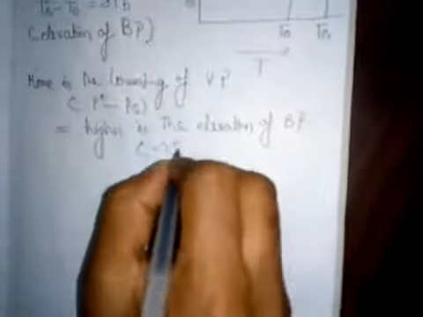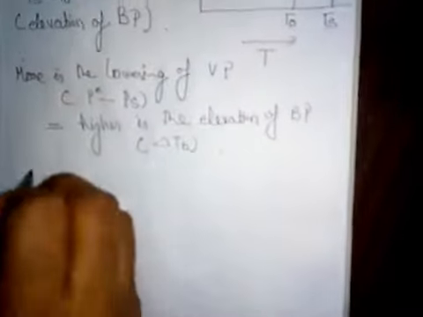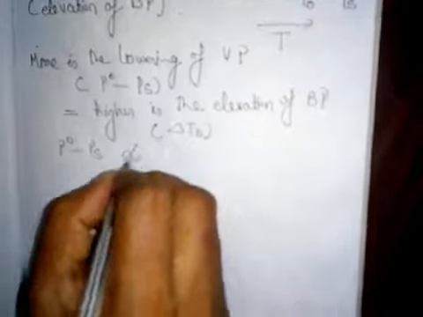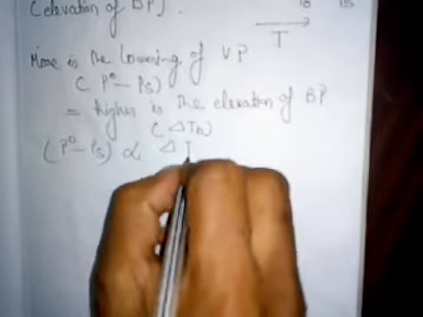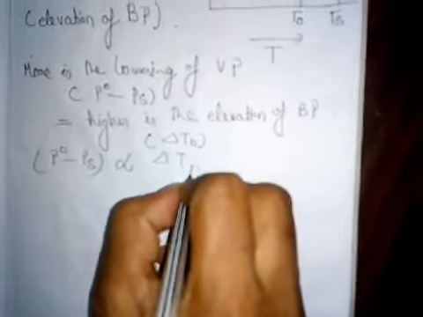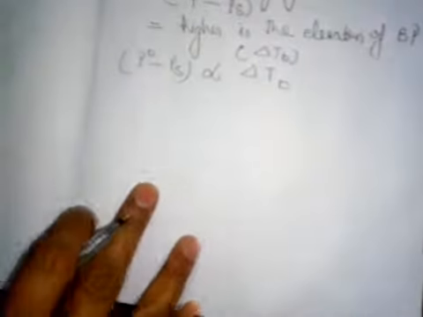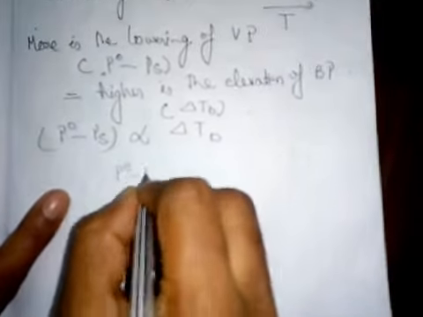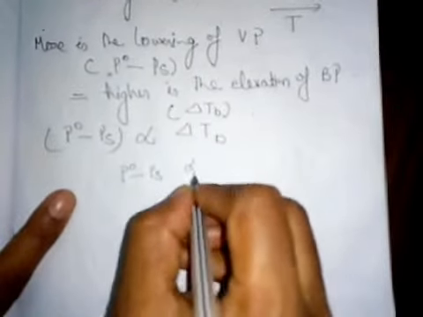Elevation of boiling point is delta Tb. That means P naught minus Ps is directly proportional to delta Tb. But according to Raoult's law for relative lowering of vapor pressure, we have proved that P naught minus Ps is directly proportional to Xb.